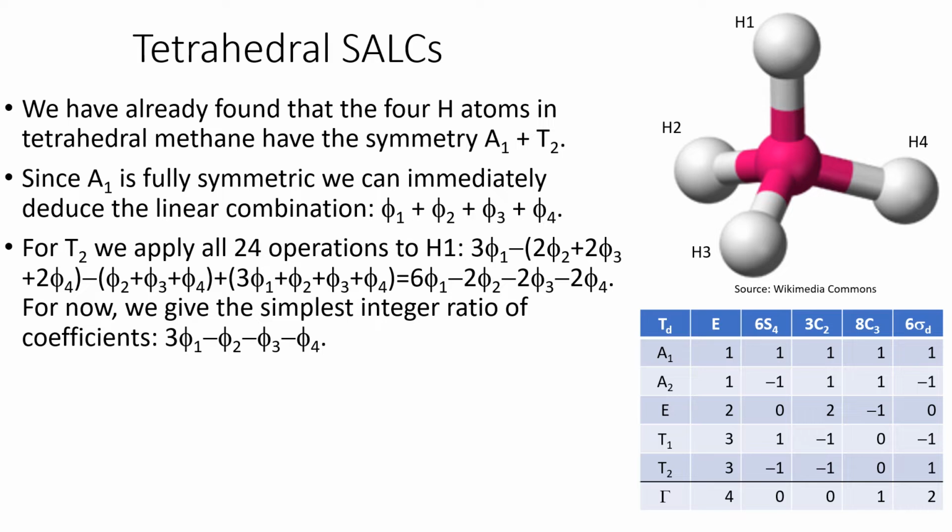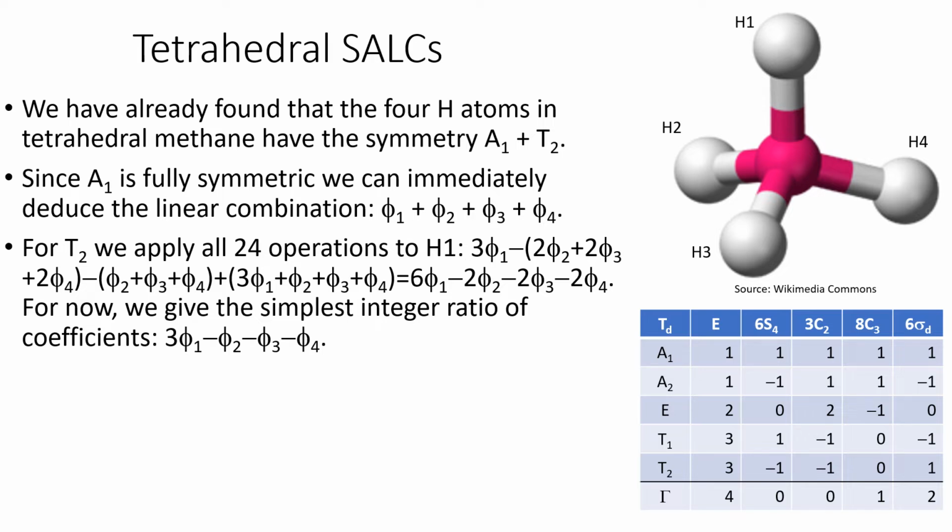And so what we do now is we just add them all together, and they all add up to 6 phi 1 minus 2 phi 2 minus 2 phi 3 minus 2 phi 4. And so what really matters here is the relative sizes and the relative signs of the coefficients in front of these different orbitals.